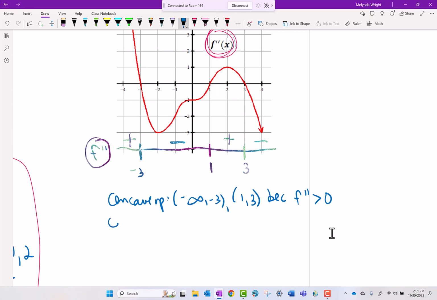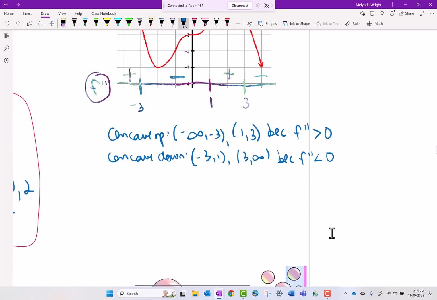We're concave down from negative 3 to 1 and from 3 to infinity because f double prime is less than 0. Very handy. Our inflection points are at x equals, let's see, where does the second derivative change sign?